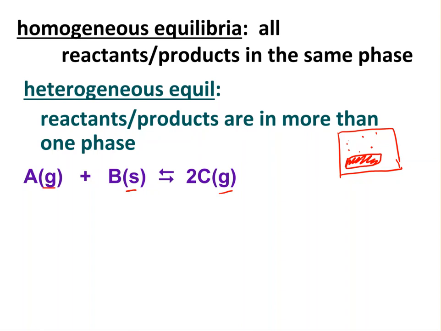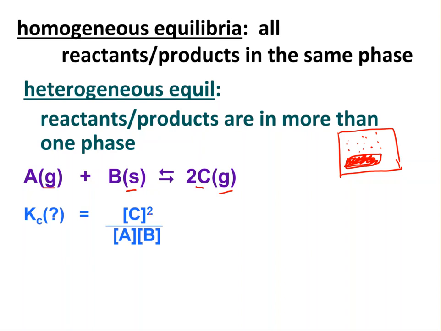The concentration of the solid is not going to change, it's just there, but the concentration of the gas will change. So the concentration of the solid gets rolled into the equilibrium constant.